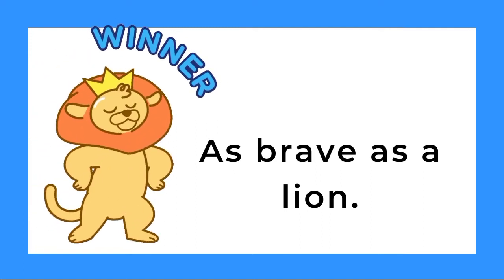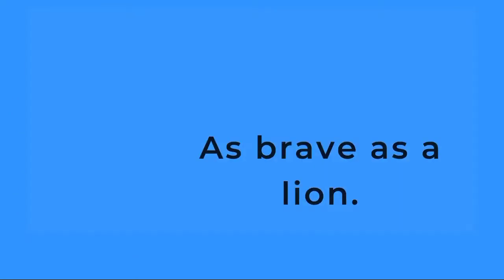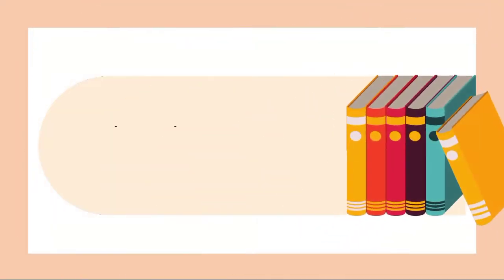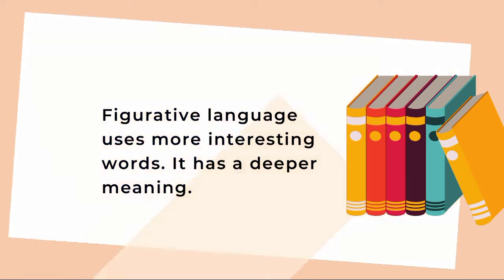So I know that being brave means being courageous. Simile or other figurative language has a way of giving you a deeper meaning than what was said. It uses more interesting words to portray a point, to portray a picture.